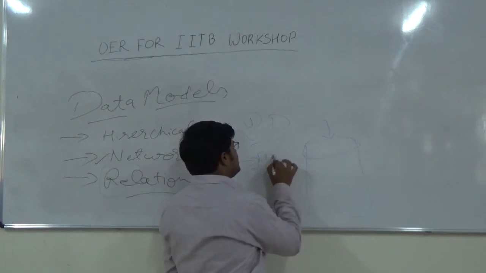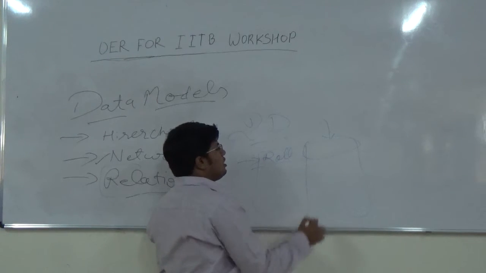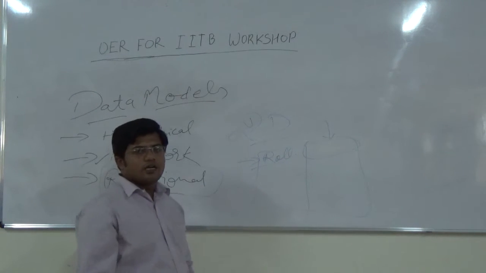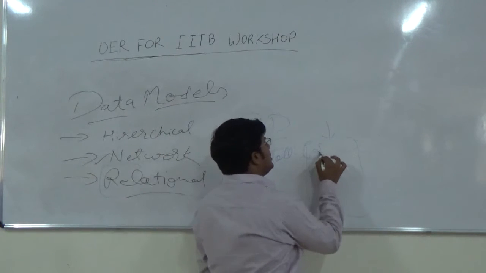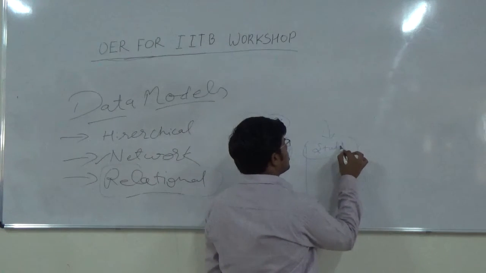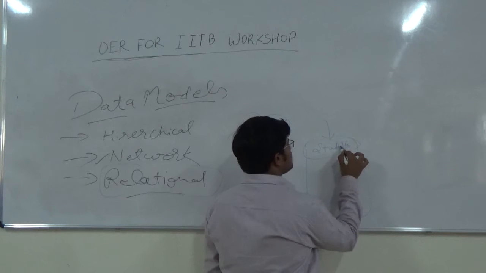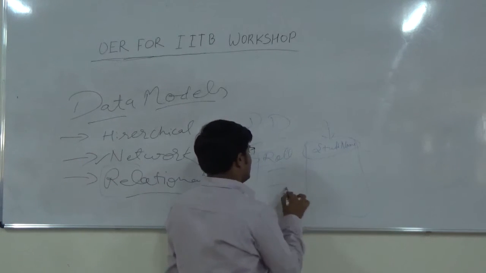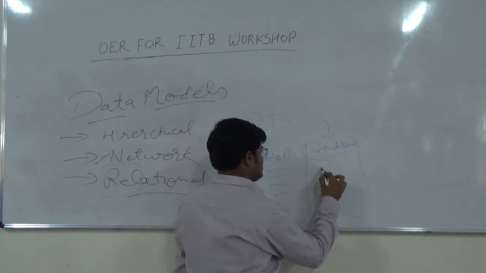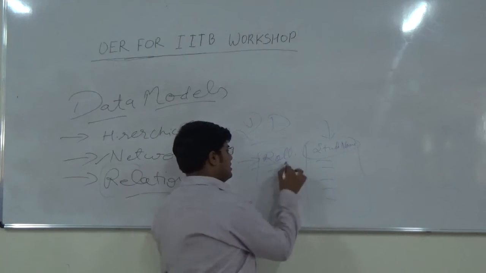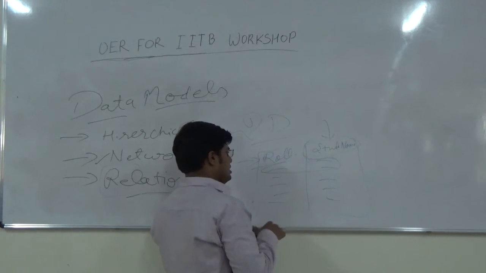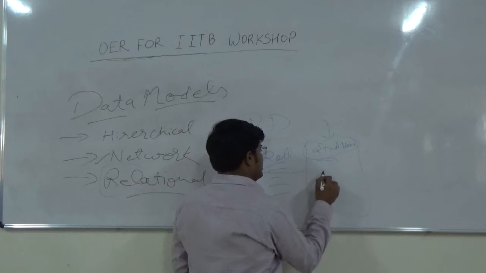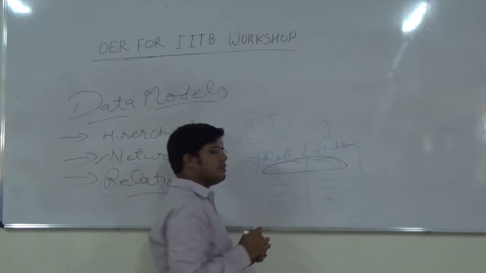Take an example where we have the roll number of a student related to the name of the student. We have different entries, and these are related to each other, so each name is related to a roll number.